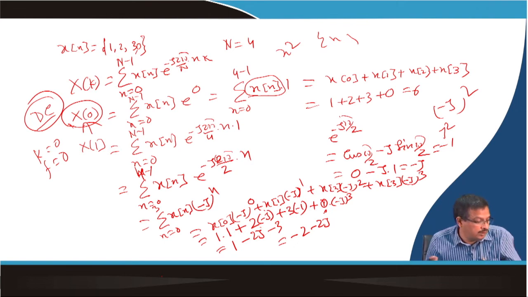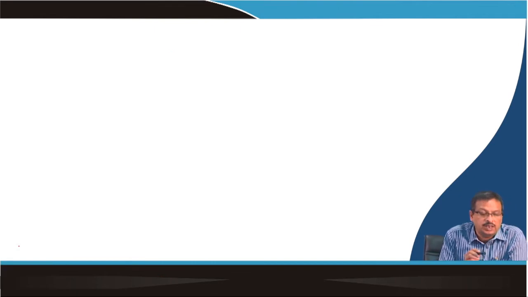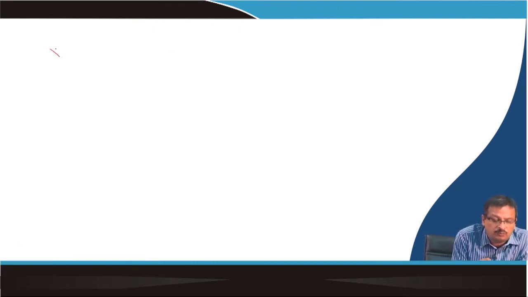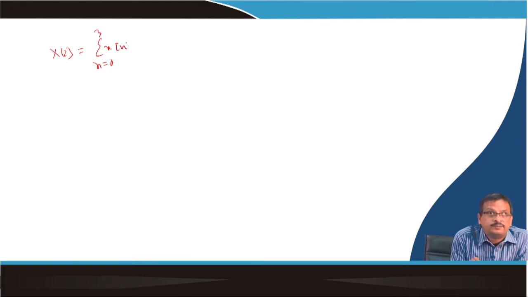Similarly, I can calculate, let's say I take another slide. So now x of 0 and x of 1 I have calculated. So k equal to 2, the sum over n equal to 0 to 3 of x of n e to the power minus j 2 pi by N into nk, with k equal to 2.